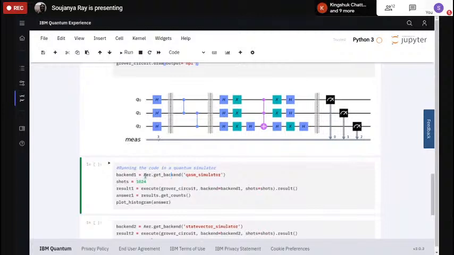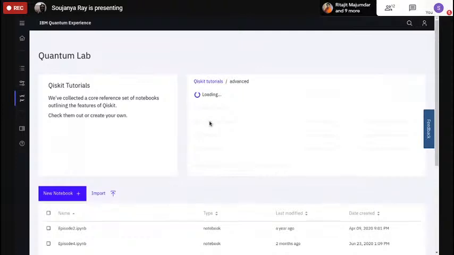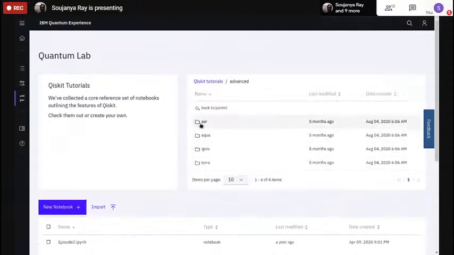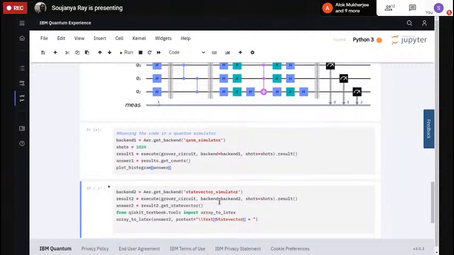There are 4 backends: Aer, Aqua, Ignis, and Terra. We'll be calling the result function on it, then we'll see the counts and plot the histogram. So let's do this and see what happens.